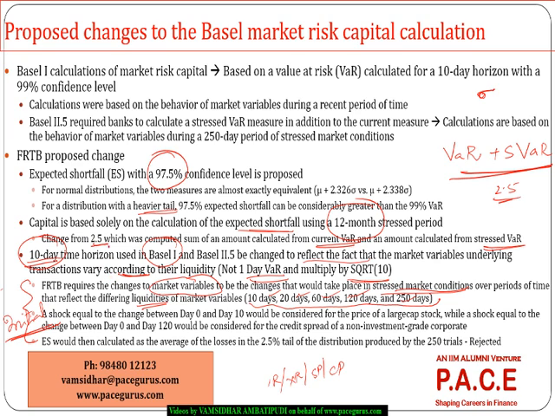A simple way to understand: in a historical simulation, I look at the price on day 0 and day 10. Whatever the change between day 0 and day 10, that is the shock I would give.